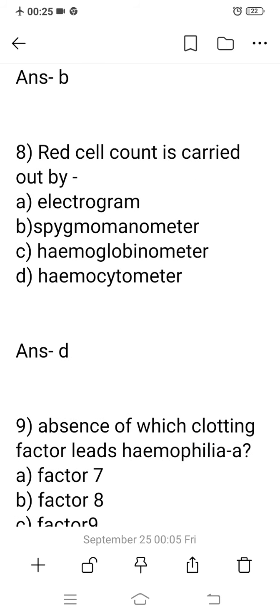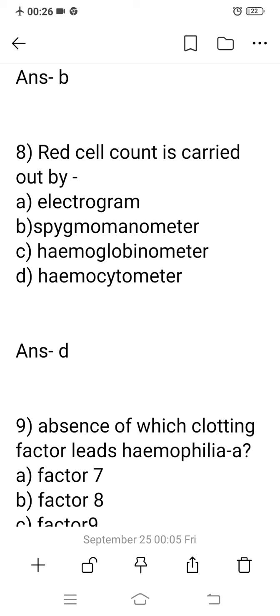Question number 8, red cell count is carried out by option A, electrogram. Option B, sphygmomanometer. Option C, hemoglobinometer. Option D, hemocytometer. Actually, option A, electrogram, is generally used in case of the heart, so it is not the right answer.